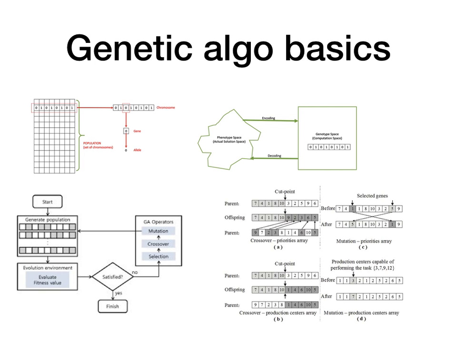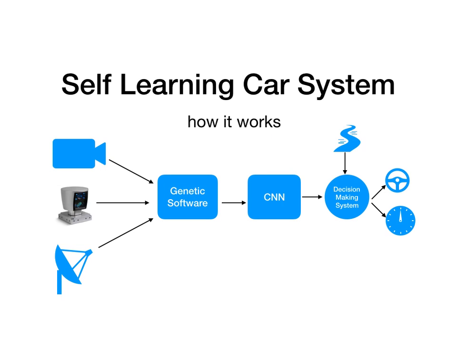We only need to understand that whenever we give a set of input data, it will filter and process it, and keep the most suitable set of information as output. In the next slide, as I explained earlier, we have three inputs: the camera, lidar, and radar, going as input to the genetic software, and then to the convolutional neural network and decision making system, and then to the control system, which controls the steering and speed of the car.